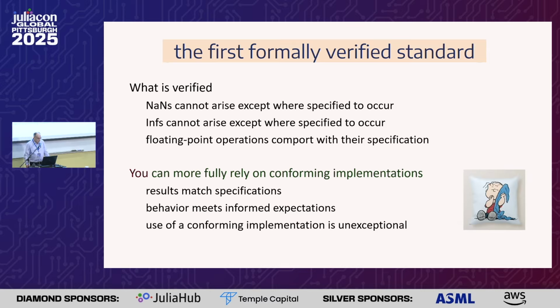It means that you don't have to be concerned about watching out for nans when they may occur, when they pop up, because they'll only arise where they're specified to occur, and they cannot arise anywhere else, and that's been formally verified. We have the proof. Similarly with infinities, and a sequelae is that the floating point operations themselves will comport with their specifications.